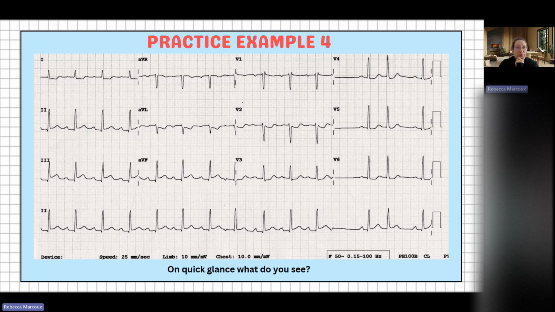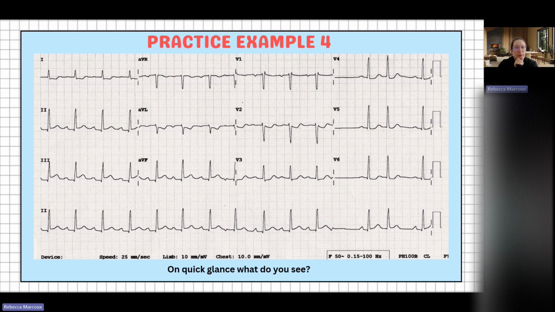And then we also have depression in AVL, which is another one of our lateral leads here. We didn't talk about it today, but lead 1 and AVL are reciprocal to lead 2, lead 3, and AVF. So it's not uncommon to see the ST depression in 1 and AVL when you have an inferior STEMI. These are the reciprocal changes that we expect to see.